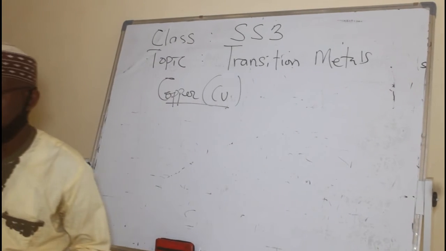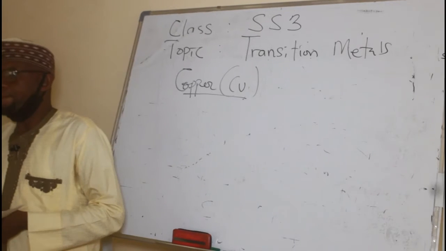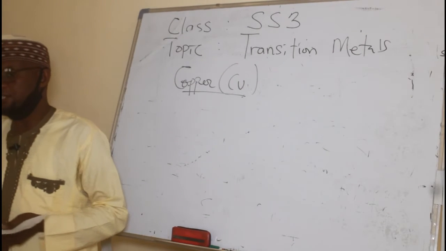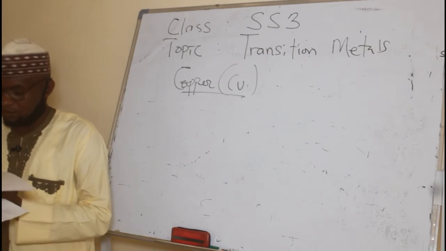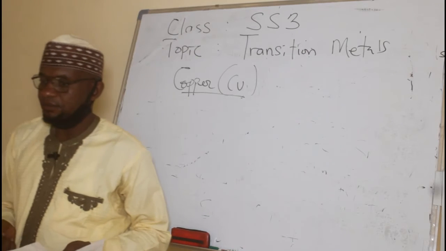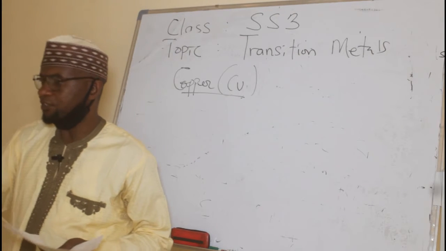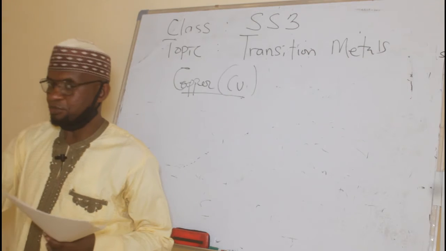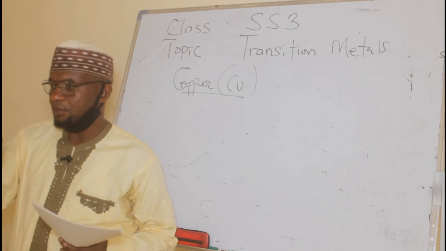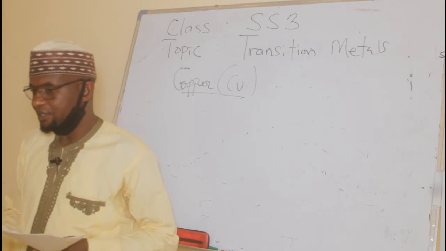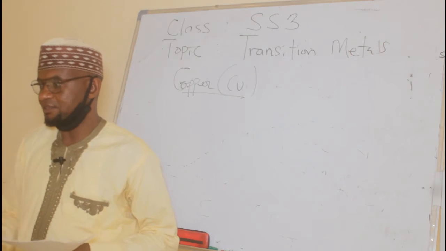If you remember what I said in my first lecture when I was defining metals, I said metals can be found in group 1, group 2, and some of them can be found in group 3, and then we have the transition metals.